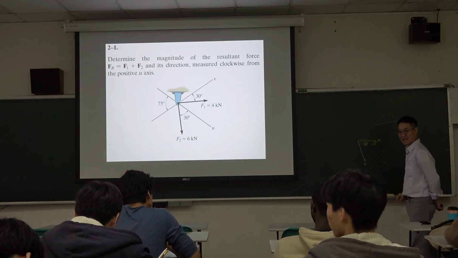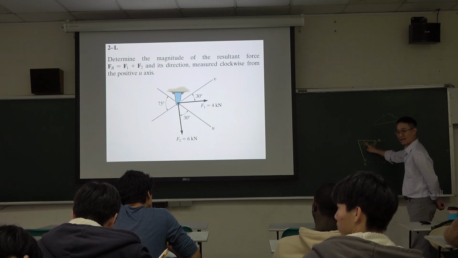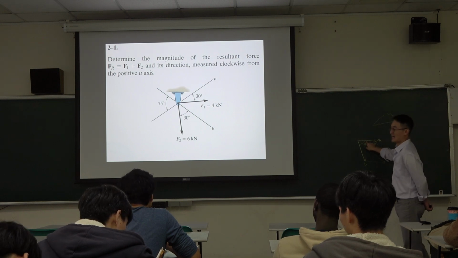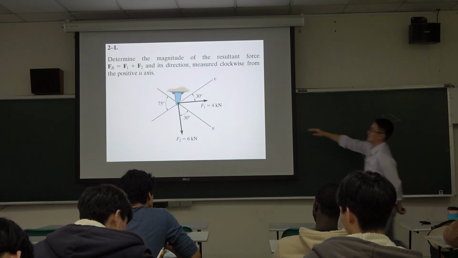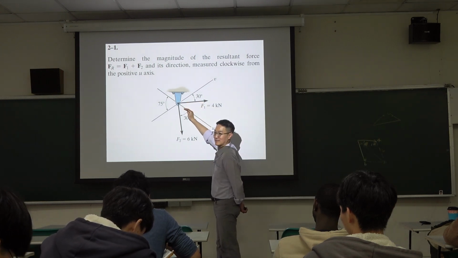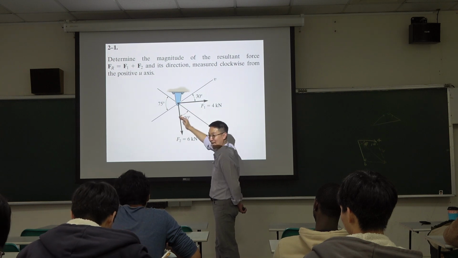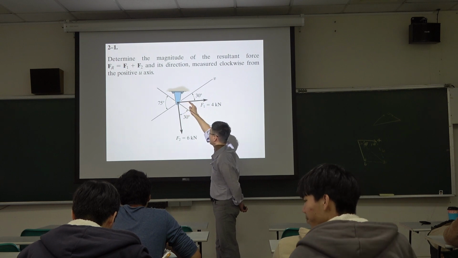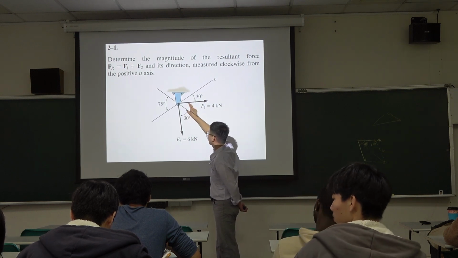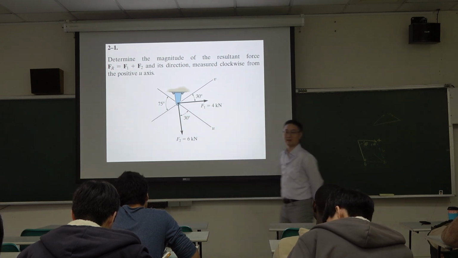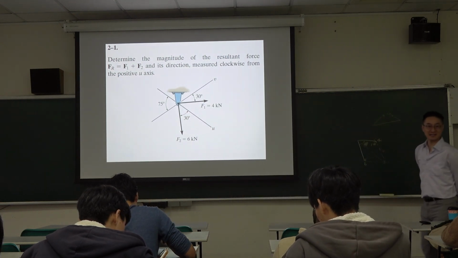We can apply the sine law to work out the angle here. Clear? Sine law to work out angle. And then we know to calculate from this part what's the direction. Okay, what's the angle for the resultant? So we just use the angle calculated from F1 and minus this angle, we can get the result. Clear?